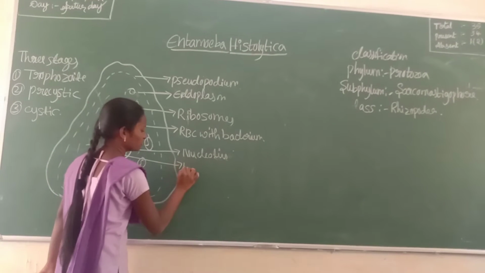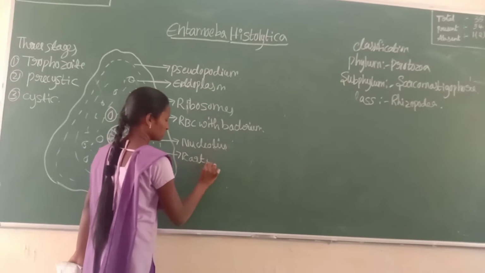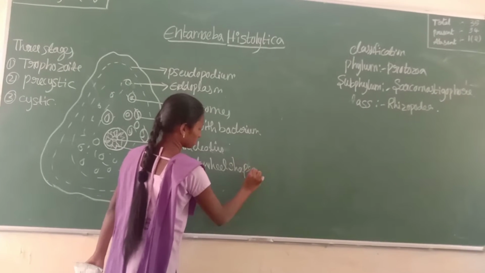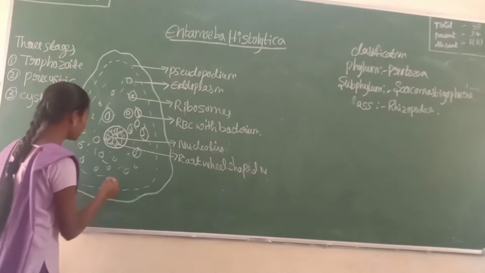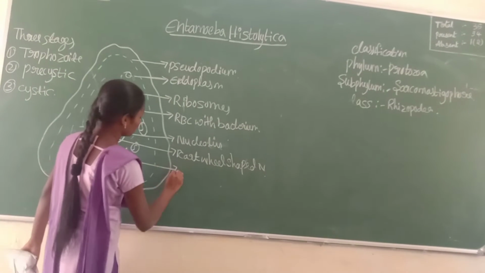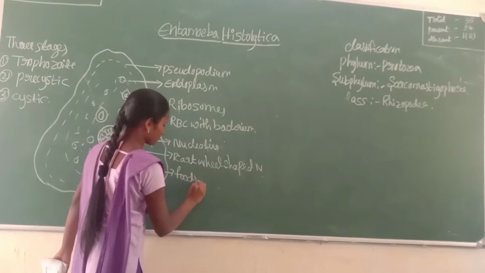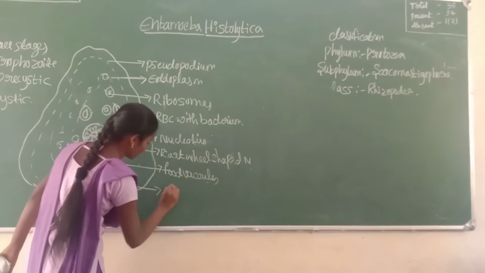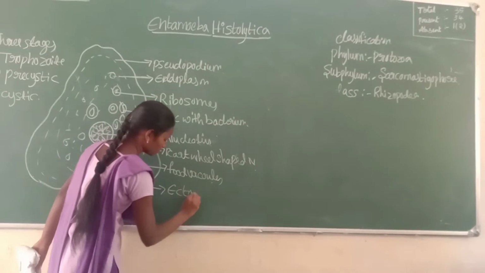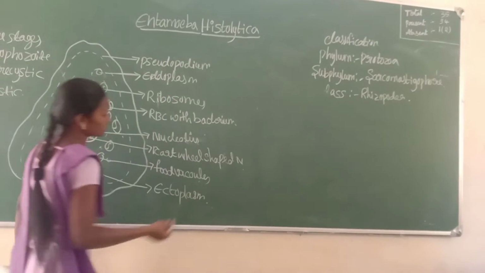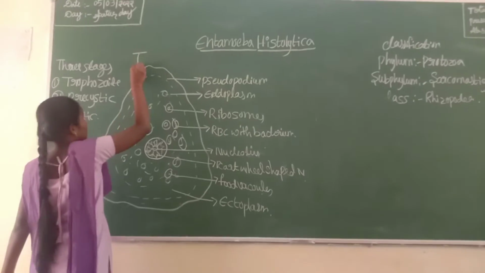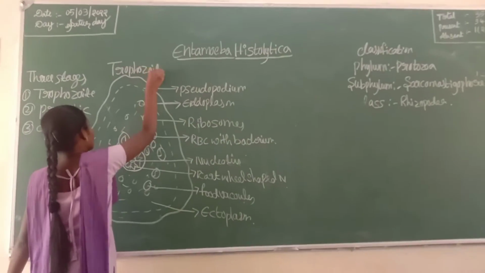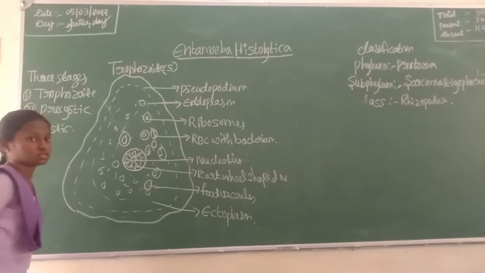This is the cartridge-shaped nucleus. Next, food vacuoles. This is the ectoplasm. This is the trophozoite stage.